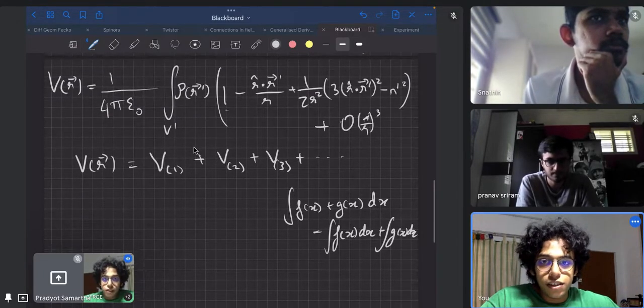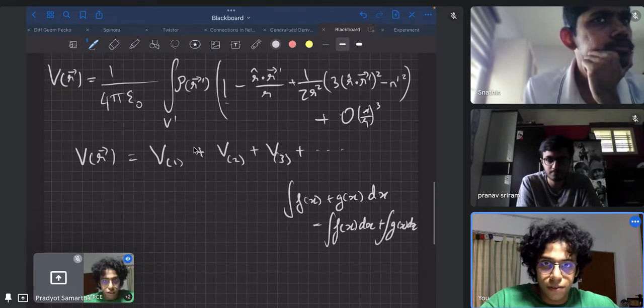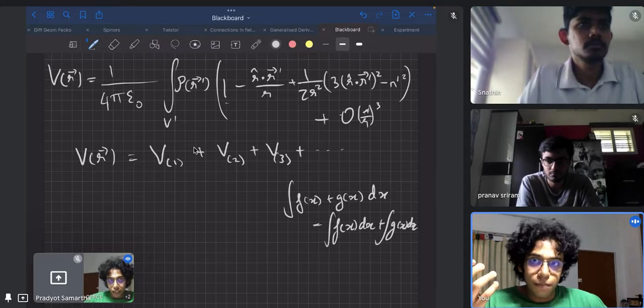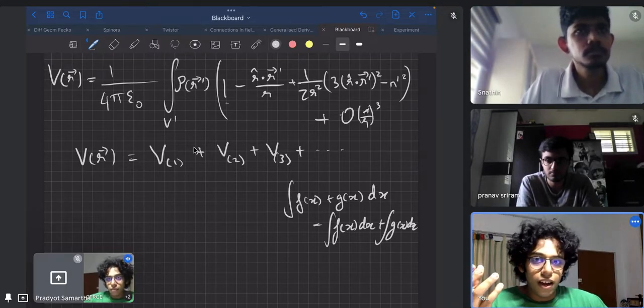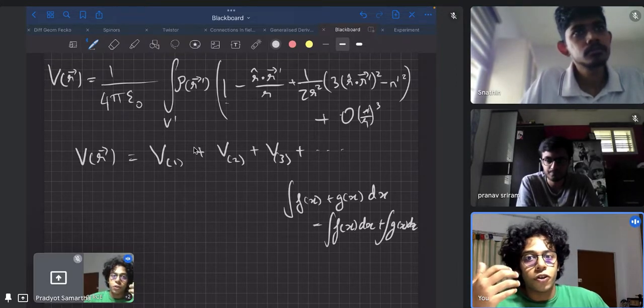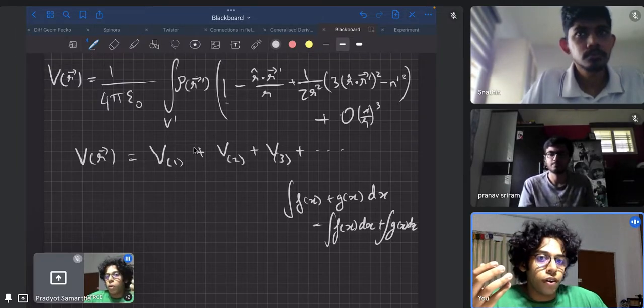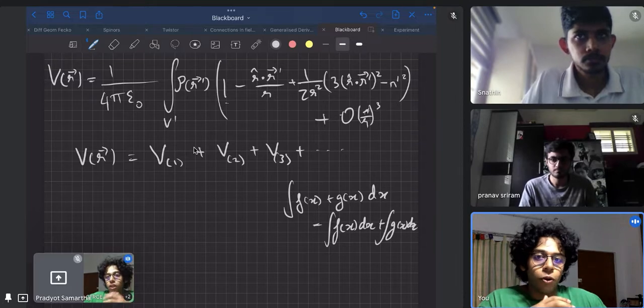Now this is where the fun starts, because if you take off the density per se, and assume there is a particular charge, so you have charge at say 1 point or 2 points or 3 points, and so on.